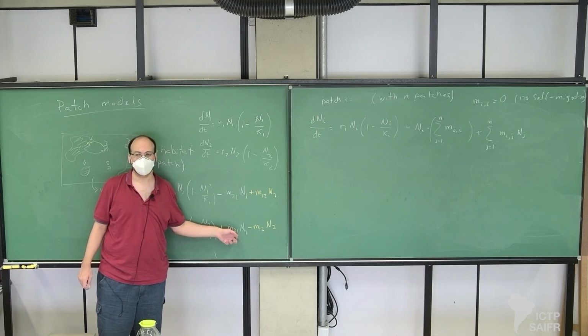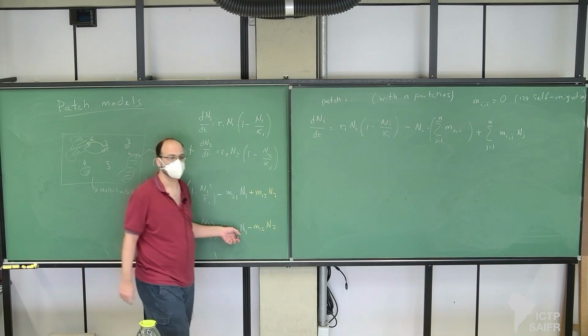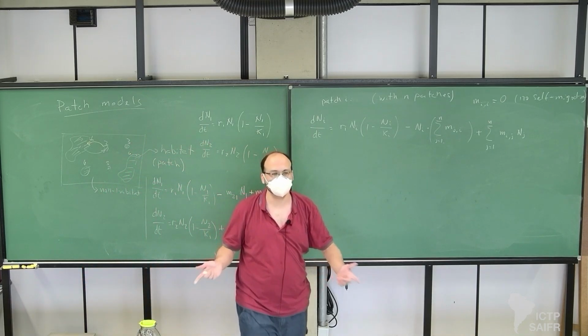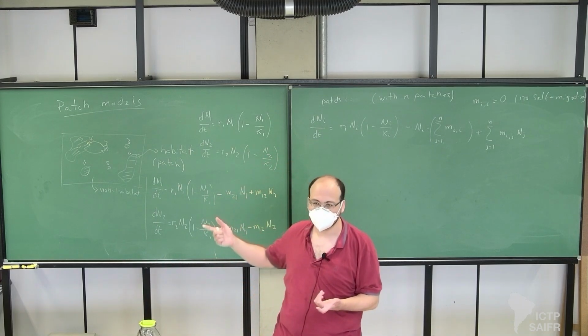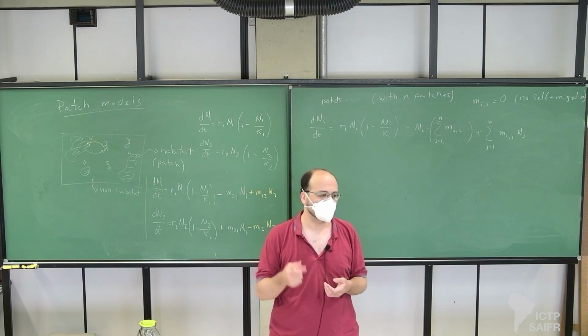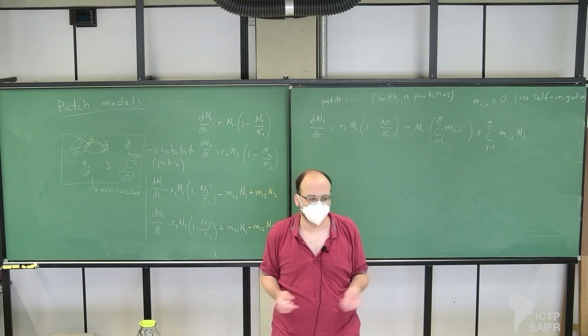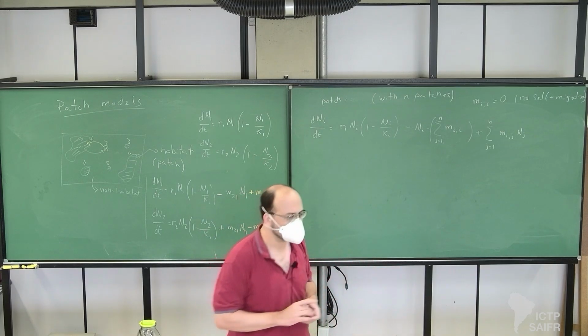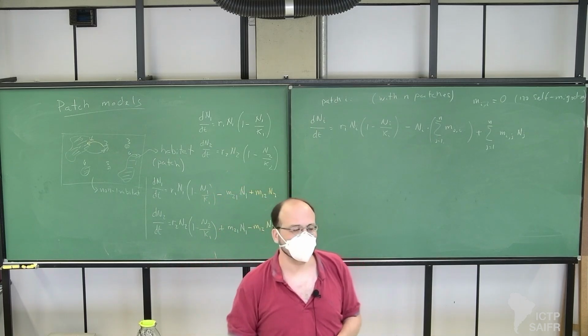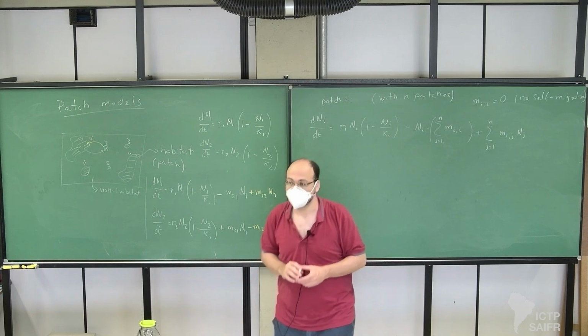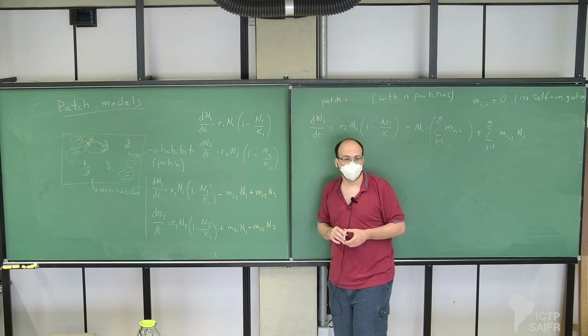If you have mortality in the migration, you're saying that the population is losing individuals due to mortality in the matrix, in the non-habitat, just by migrating from itself to itself. I have not included this here, but it's better to be careful. So, okay. More questions?